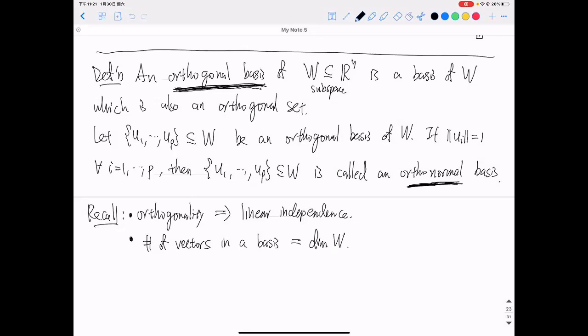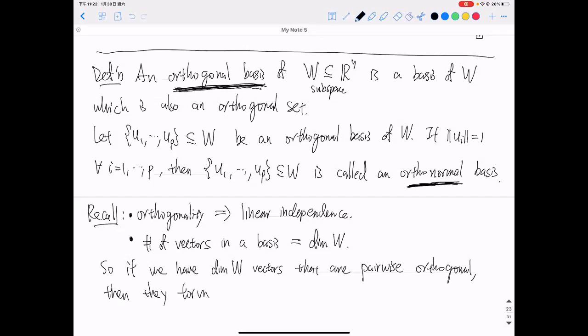So for an orthogonal or orthonormal basis, if we have dimension-of-W many vectors that are pairwise orthogonal, then they form an orthogonal basis.